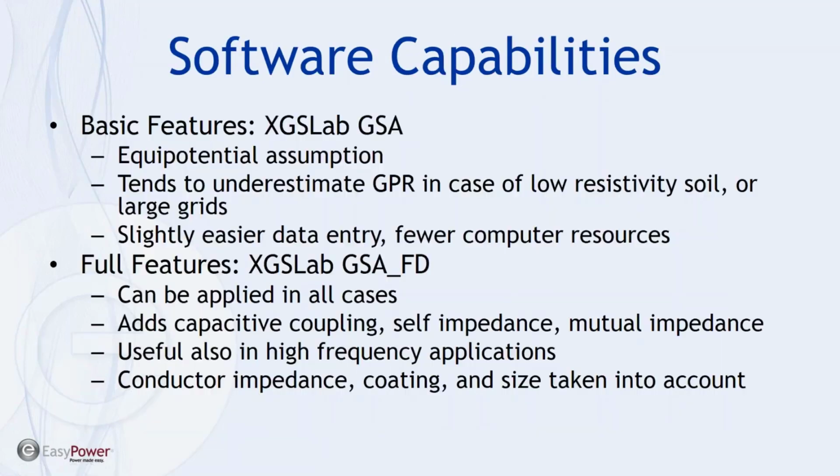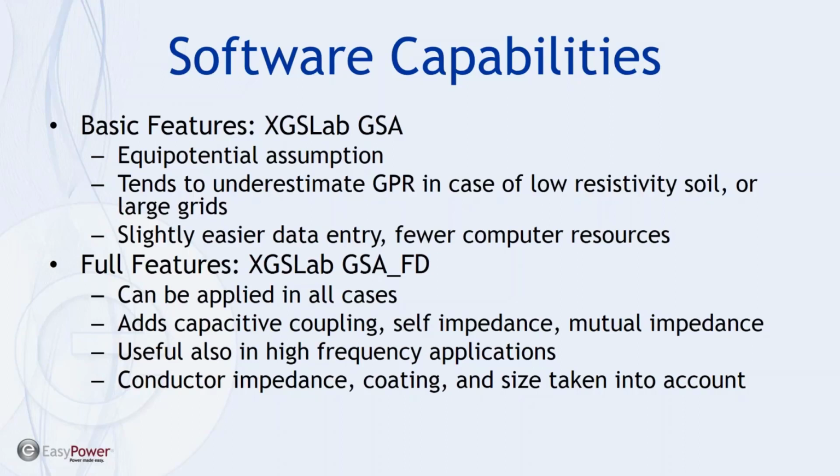So, software capabilities. We will step you through software capabilities in terms of XGS Lab offerings, but we'll also talk about others. First, we'll talk about the base level module, called XGS Lab GSA. This GSA module is similar to the CDEGS MALT module, as well as some offerings from ETAP and SKM. There are a couple of other simplified grounding modules out there.